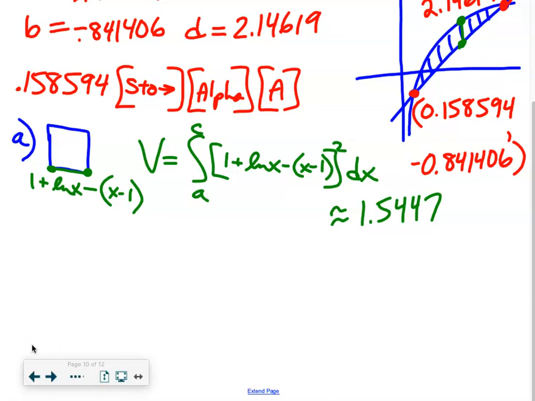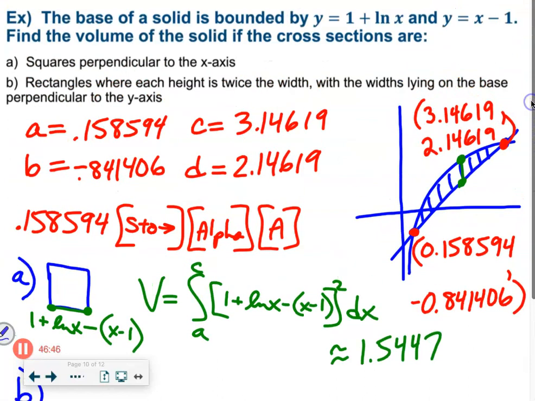Here, wait, let me pause this. Part B, we're going to do rectangles where the height is twice the width and the widths are lying on the base perpendicular to the y-axis. So our widths are going this way, perpendicular to the y-axis.